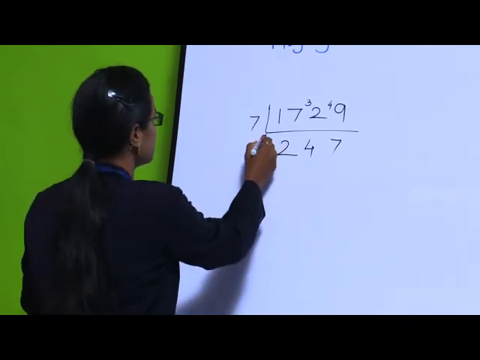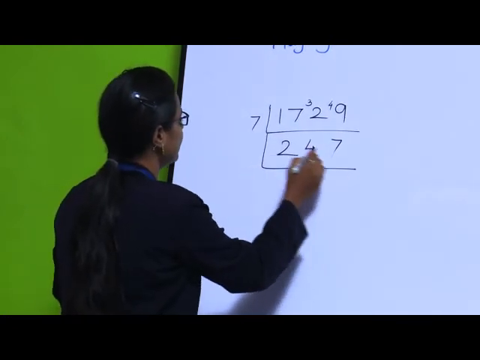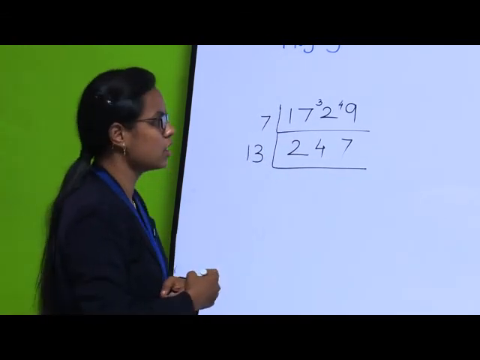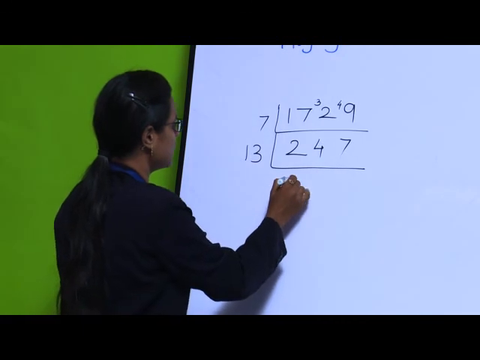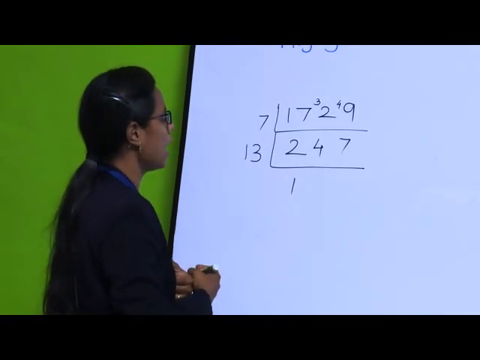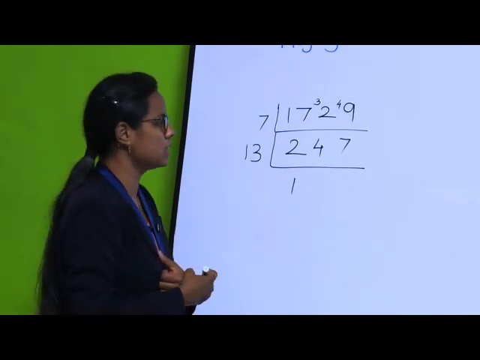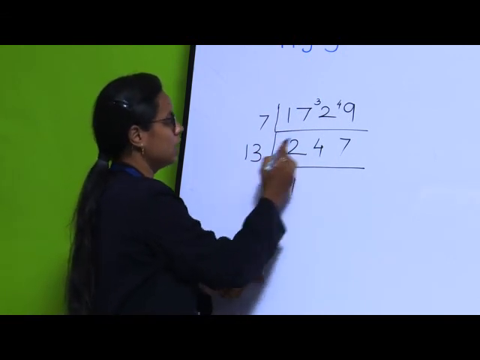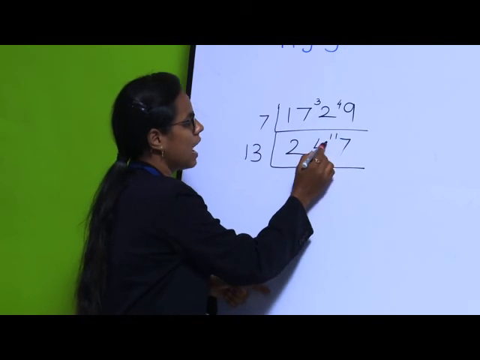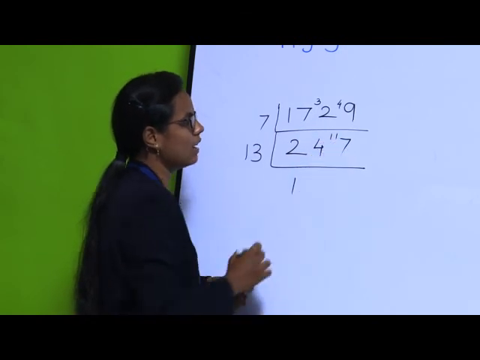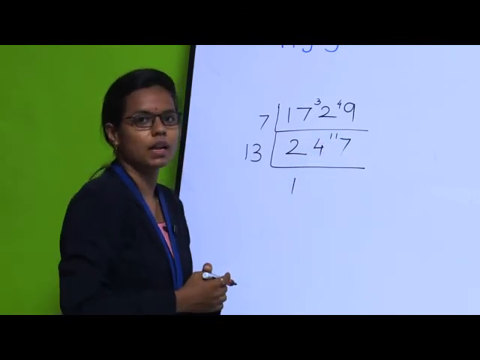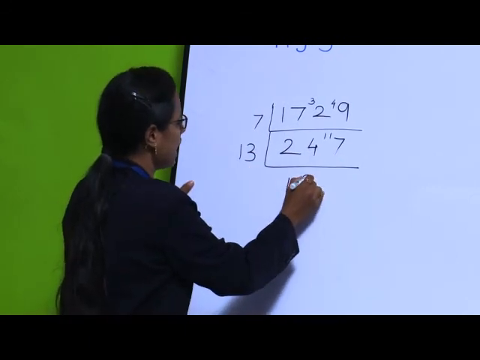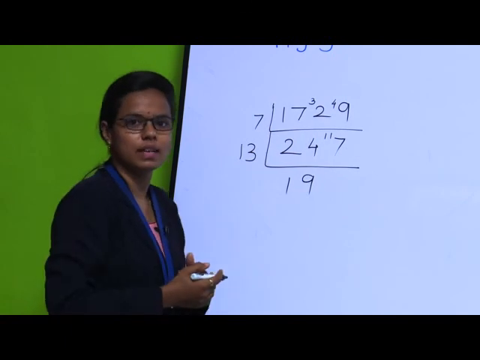So, let us see next. Now, we will take 13 because we have to take only the prime factors. 13 1s are 13. 24 minus 13, we got 11 and the number becomes 117. 13 9s are 117.